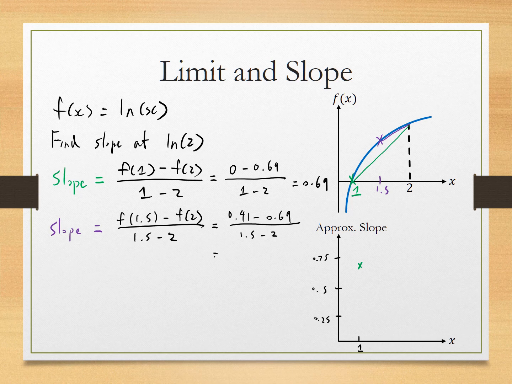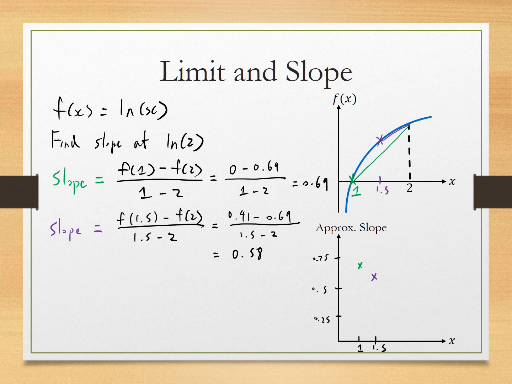I'm going to use the calculator for this one, so the numbers are going to be slightly different. Divided by negative 0.5, this is 0.58. So our second approximation with the second point 1.5 is 0.58, which is somewhere around here.